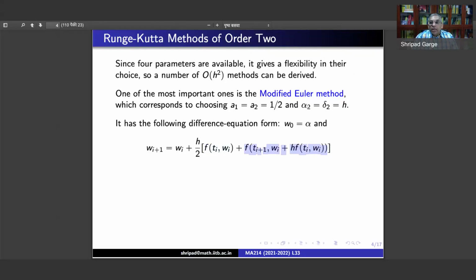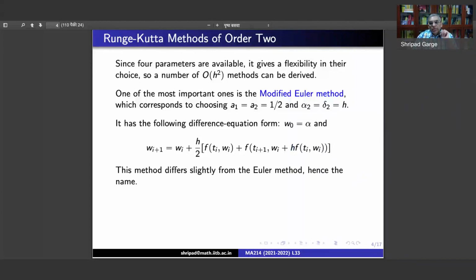The alpha 2 being h said that Ti plus alpha 2 becomes Ti plus h. h is the step size, and if you add it to Ti, you go to the next node, Ti plus 1. That is what we have obtained here. And then delta 2 being h means that here we would have the coefficient h for the inside one. Okay. So this is the difference method that we have for this modified Euler method.